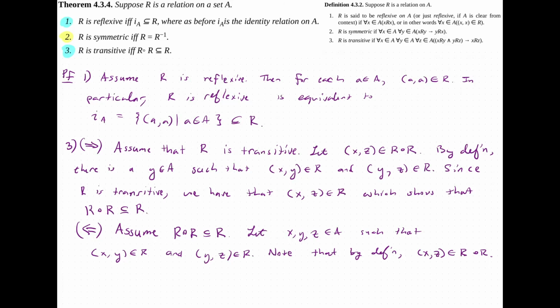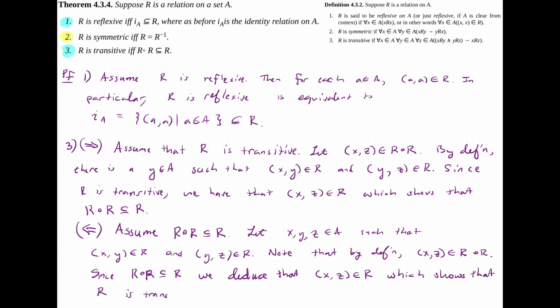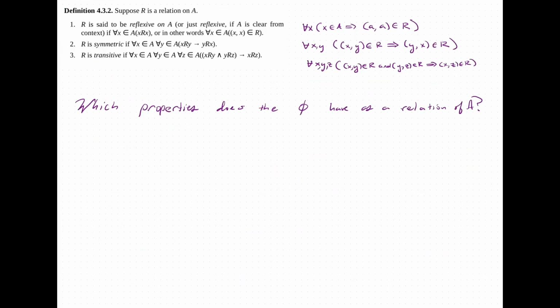But now, by the assumption, and since R compose R is a subset of R, we deduce that x comma z is in R, which now shows that R is transitive, and we're done. And so that finishes the proof.